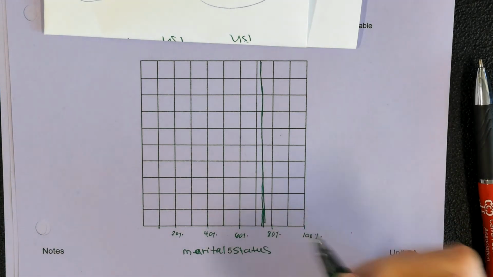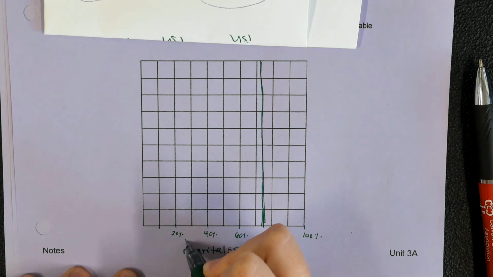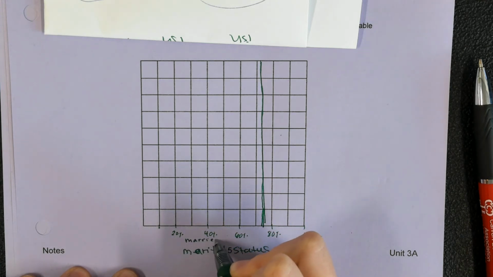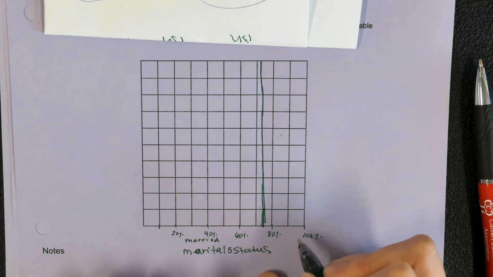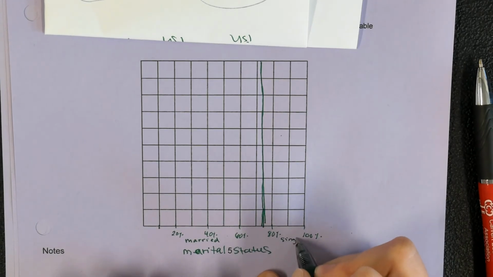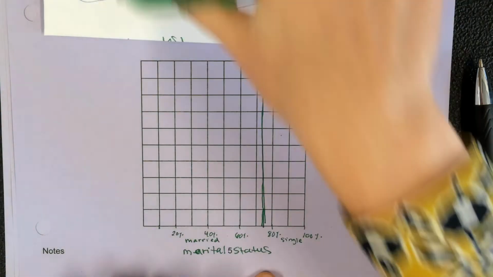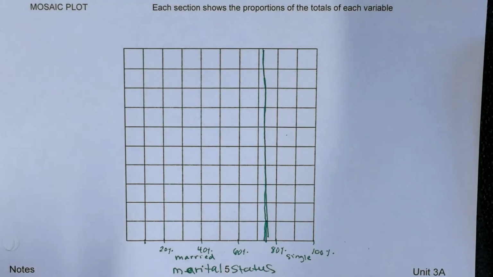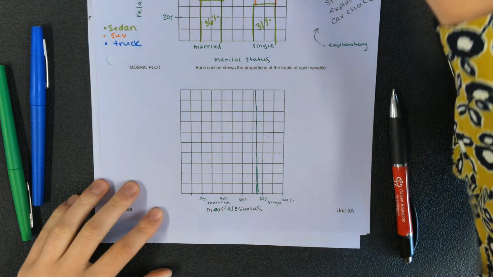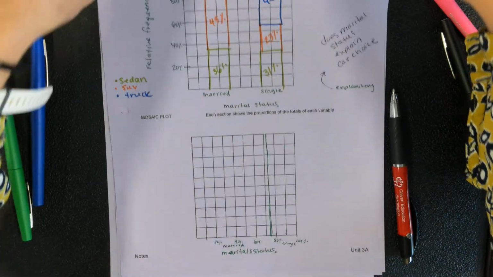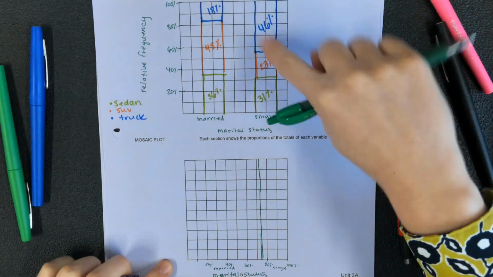Now I'm going to say the married people are over here, they take up 72%, and my single people are going to be represented in this remaining column. All I'm doing now is transferring what I have in my segmented bar graphs up here.